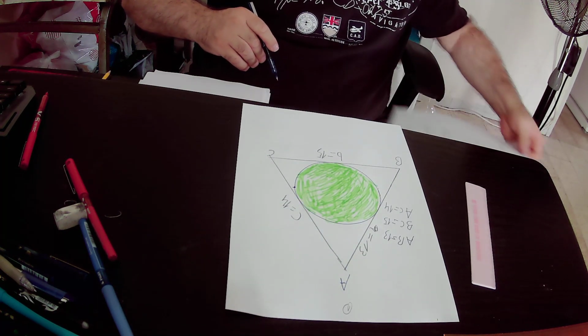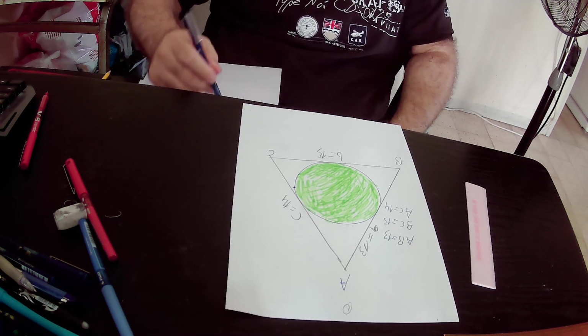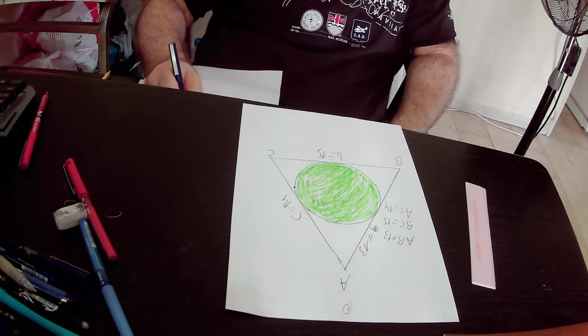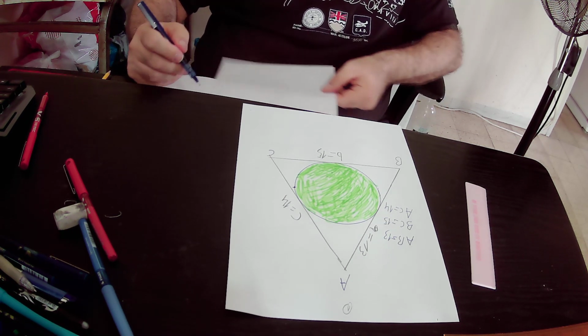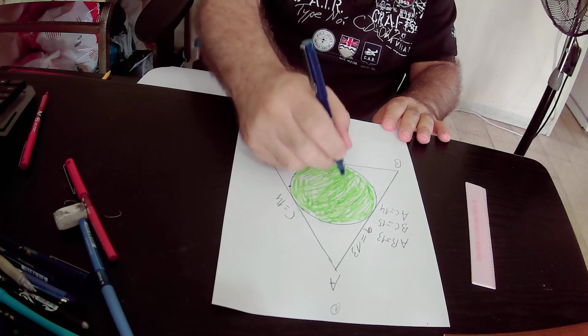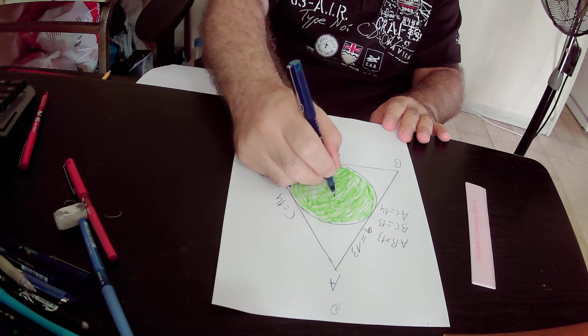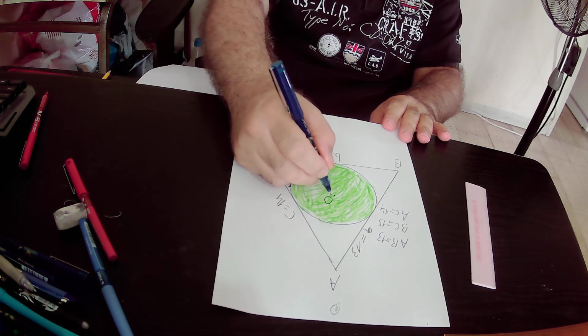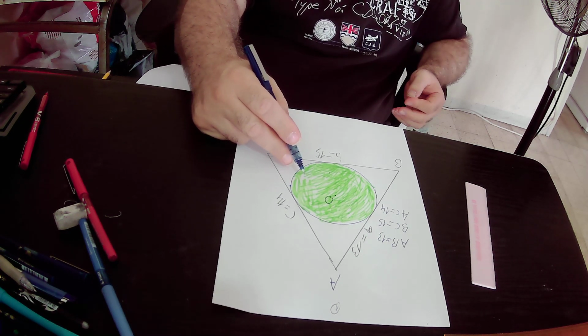In the next step we will define the center of the green circle as point O. Again, point O is the center of the green circle.